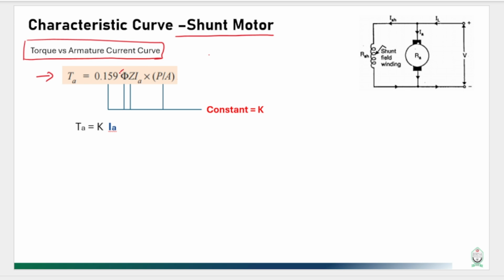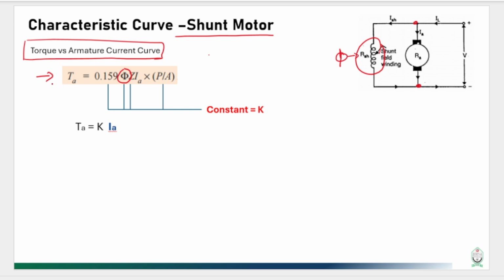we didn't consider flux as a constant, but here we will consider flux as a constant, because if you remember when we were discussing the classification of DC motors, we clearly stated that the flux responsible for the rotating of the motor in shunt wound motor comes from this particular winding, and this is a fixed winding, and the flux generated here is also fixed, which means this is also a constant quantity.